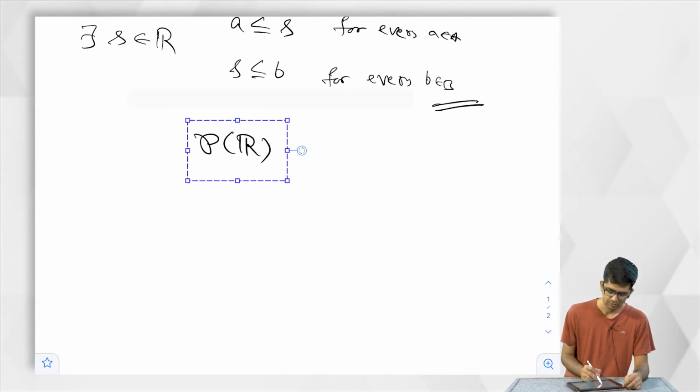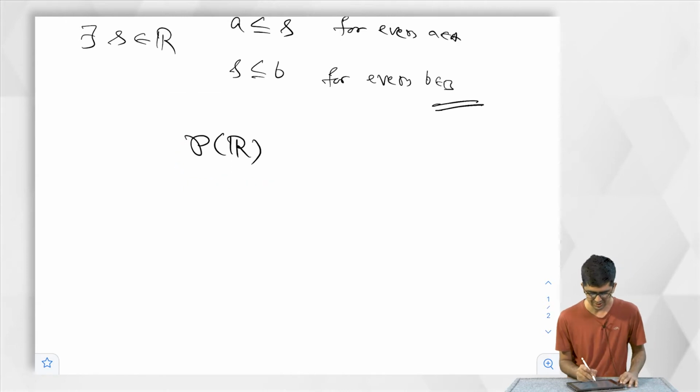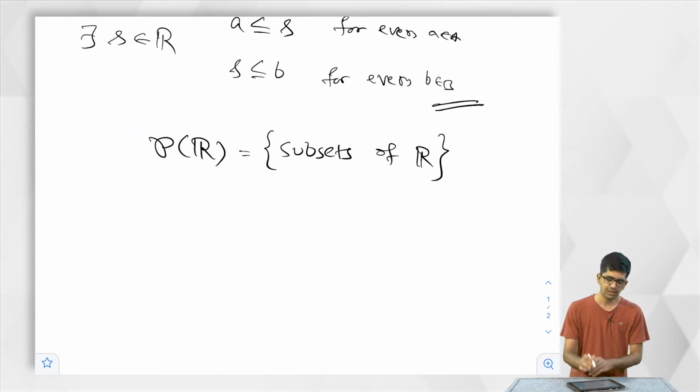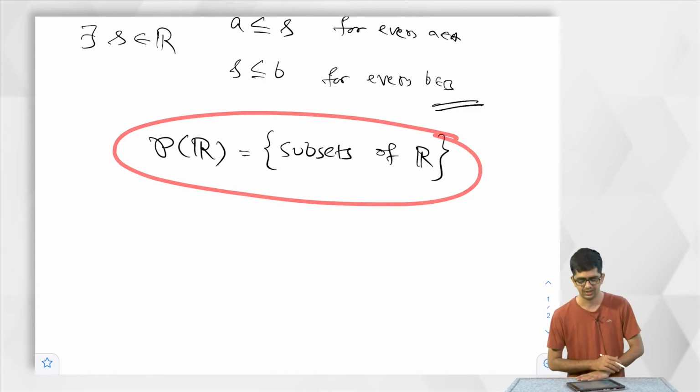This is the set of all subsets of R, which is the usual notation for the set of all subsets of R. We want to understand about this set.